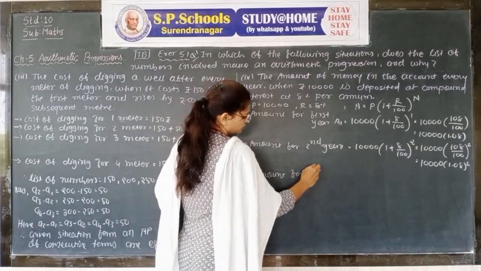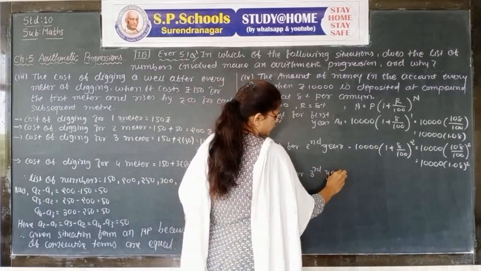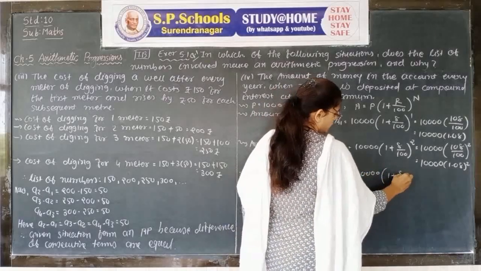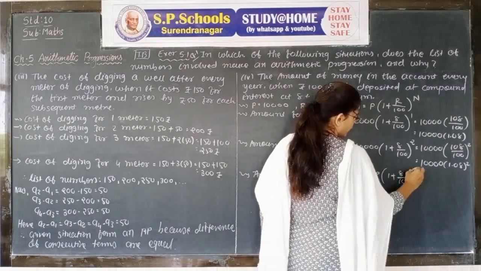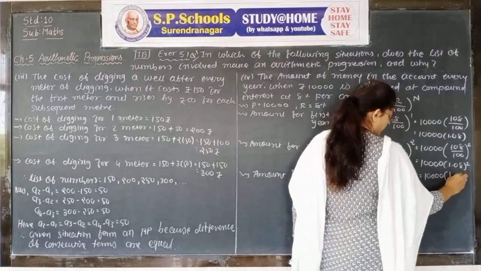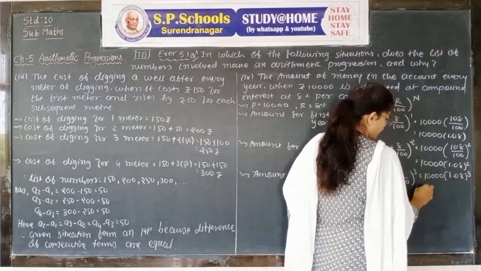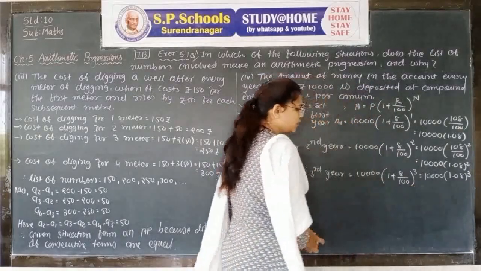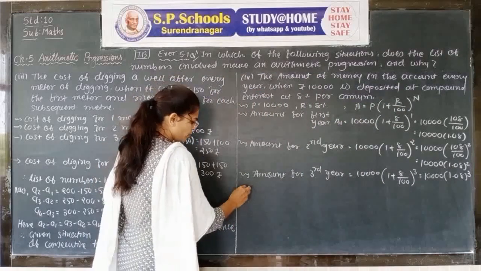The third number is the amount for the third year, which is equal to 10,000 into 1 plus 8 upon 100, but power 3. We get 10,000 into 1.08 cube. Here the amounts of the first 3 years are obtained.